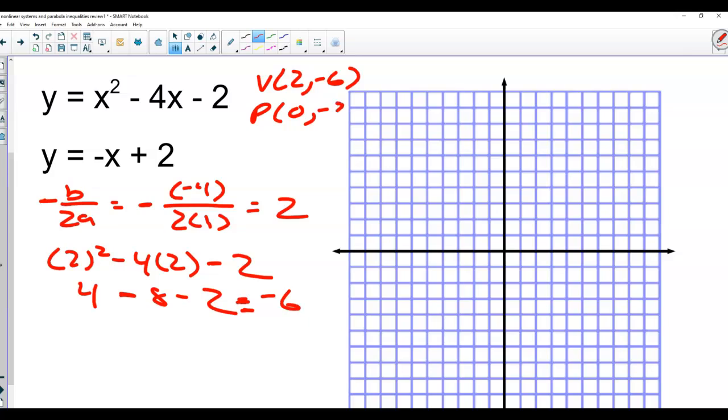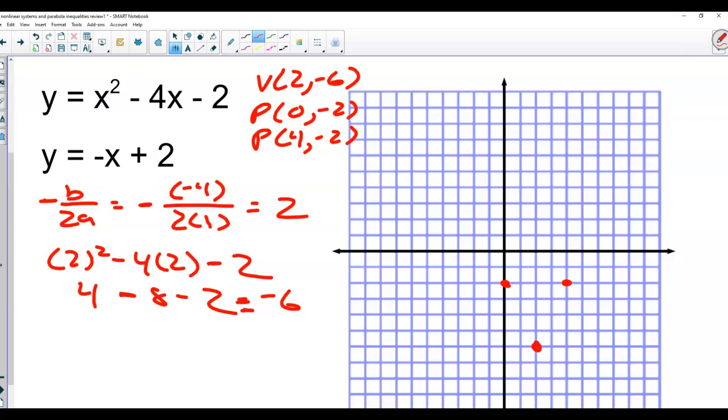My points 0, negative 2, and 4, negative 2 because it's symmetric. So 2, negative 6. 2, 1, 2, 3, 4, 5, 6. 0, negative 2, I'm here. 4, negative 2, I'm here.